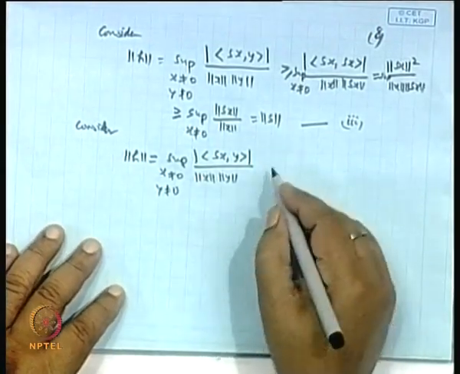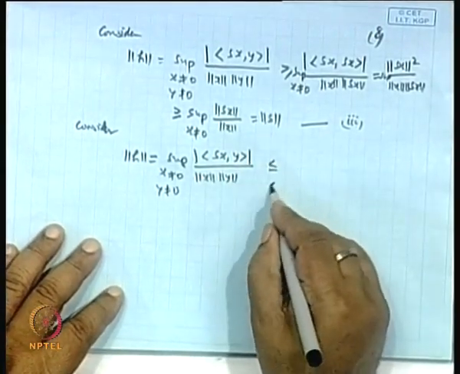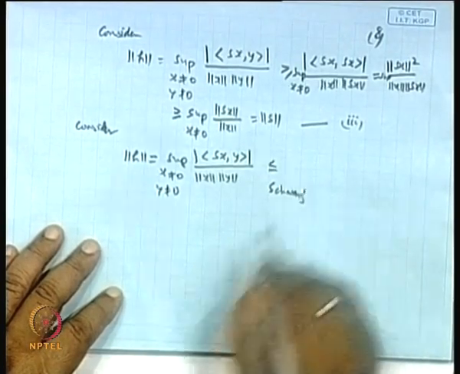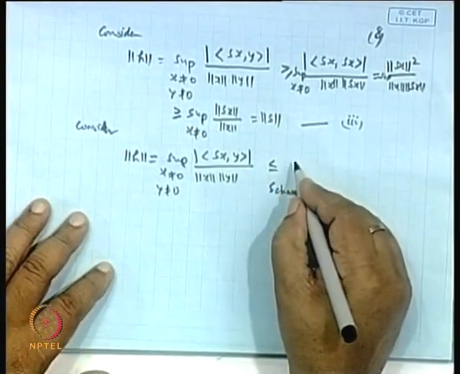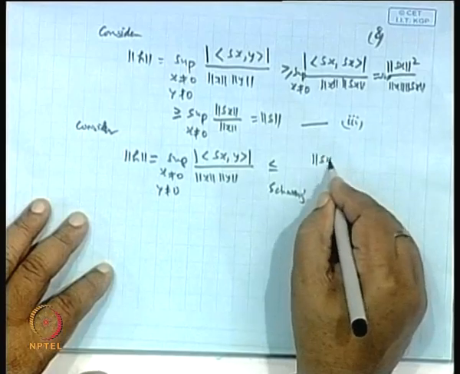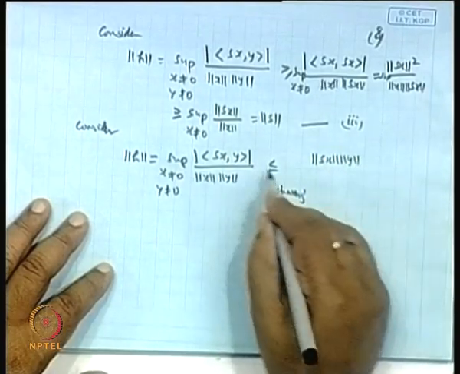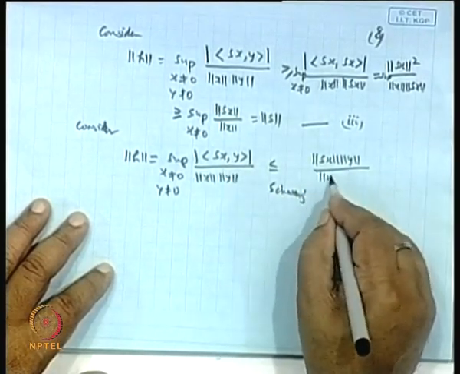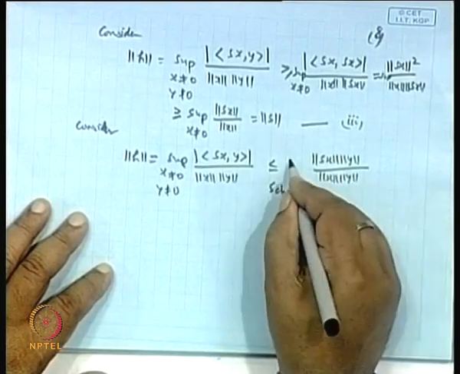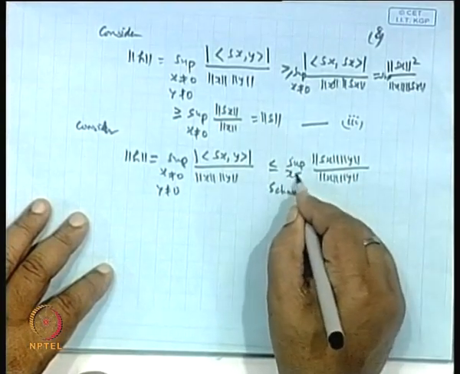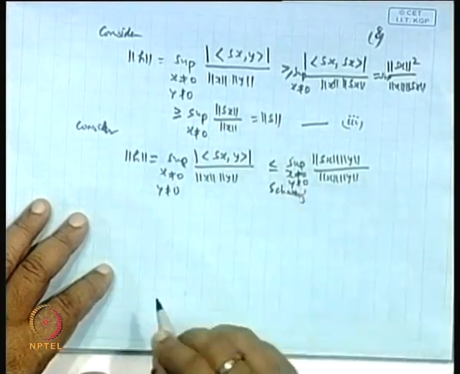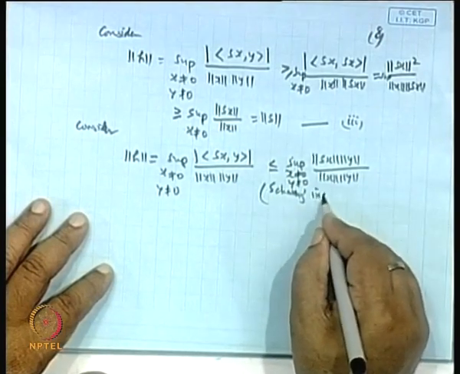Okay. Now, apply the Schwarz inequality. So, we can say it is less than or equal to norm of Sx, norm of y, and the denominator remains as it is, norm x, norm y, supremum is taken over all x not equal to 0, y not equal to 0, by using the Schwarz inequality.